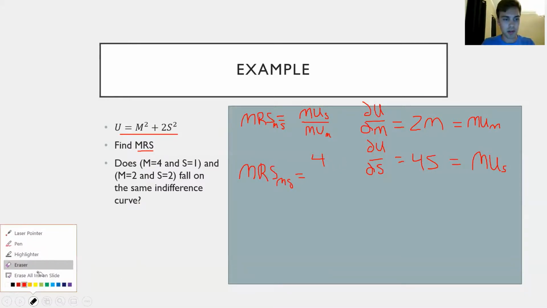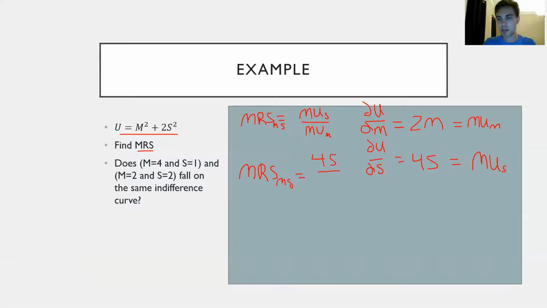Get back to my pen. 4s divided by 2m. Or we can simplify this and make it 2s over m. So that's our marginal rate of substitution. And as you can see, it depends on the value of s and m. So to find a specific marginal rate of substitution at a specific point, we would need specific values.